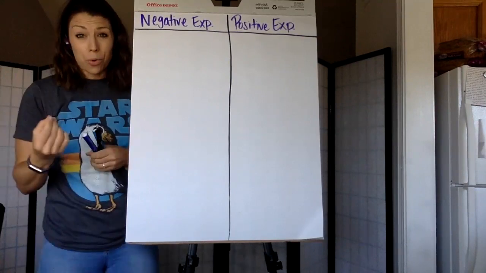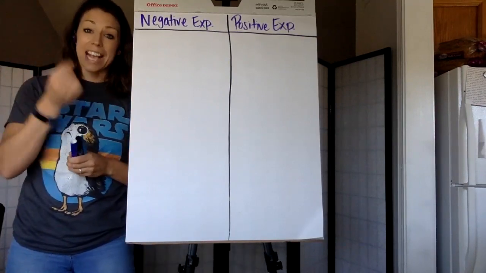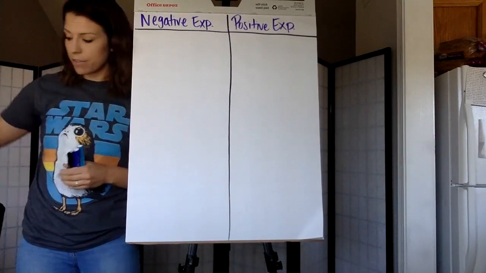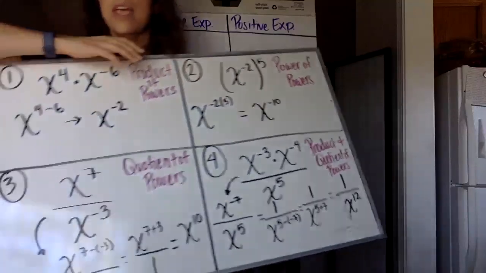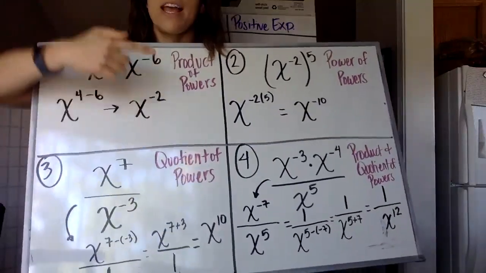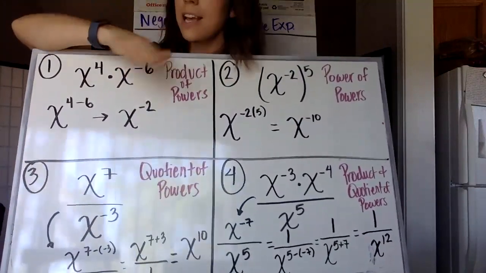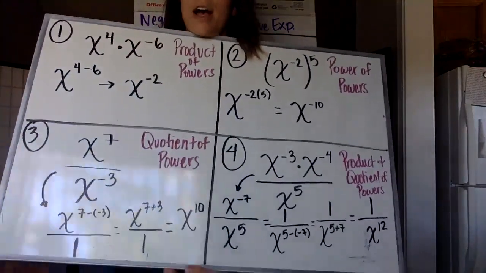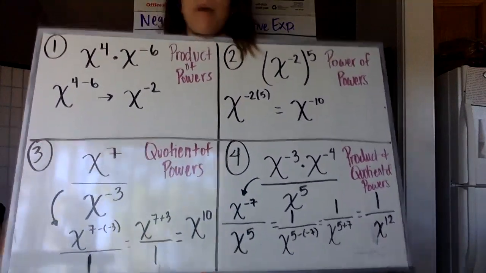But the other rule, because if math wasn't complicated enough, is that the exponent has to be positive. If you remember our warm-up, in example 1 and example 2, our answers have negative exponents. That wouldn't be considered acceptable. But our examples in 3 and 4 are okay because they have positive exponents.